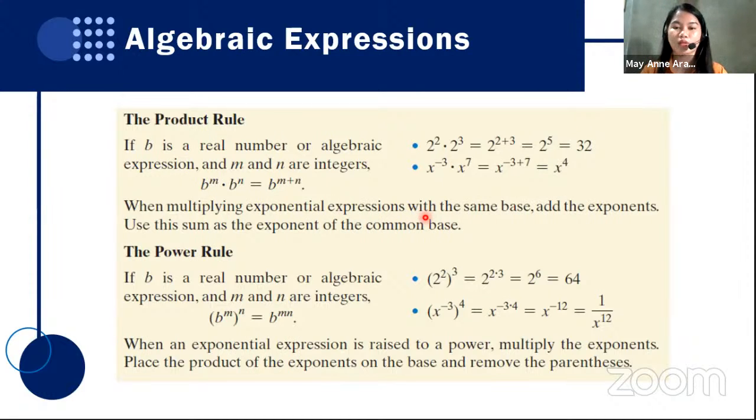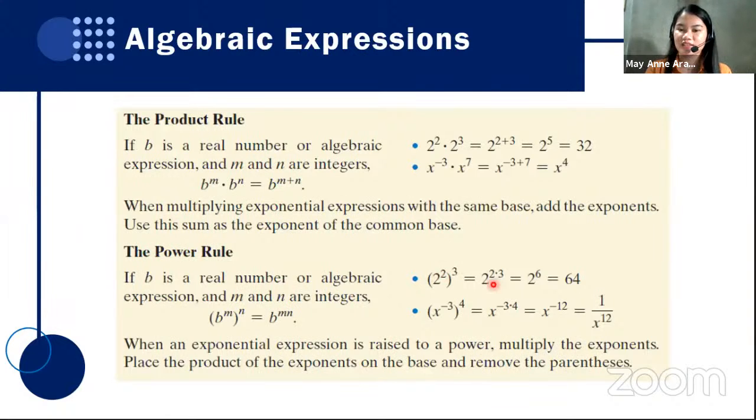Now for the power rule, okay, if b is a real number or algebraic expression and m and n are integers, so kapag nakaganito na siya, nakamultiply, so b raised to m raised to n is just b raised to the product of m and n. For example, you have 2 squared raised to 3. So just multiply 2 and 3.